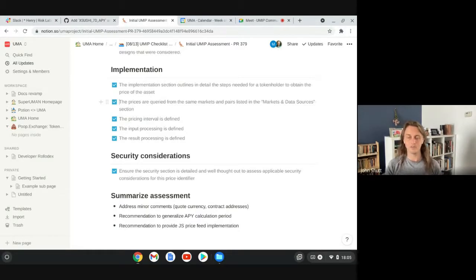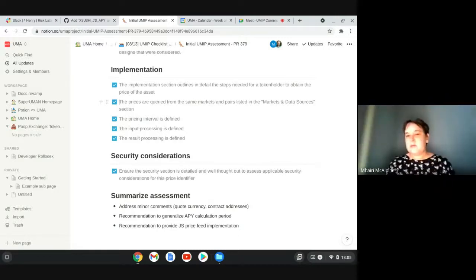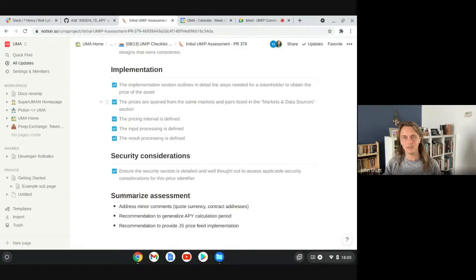It's also something that's pretty simple in this case. It's not like a super complicated price feed. So I think they ought to be able to implement it in JavaScript and just add that in. So it's kind of necessary before the UMIP passes? I wouldn't say it's strictly necessary, but it's highly recommended.